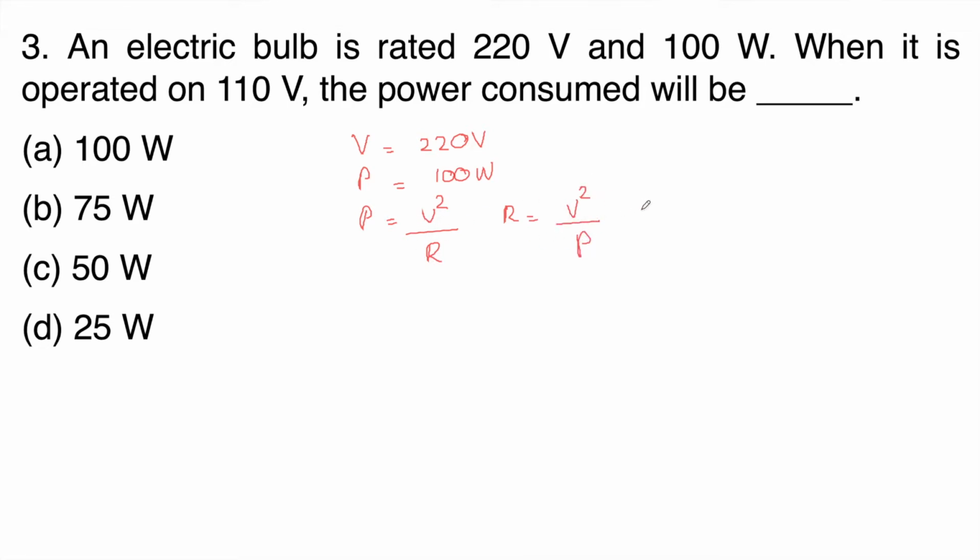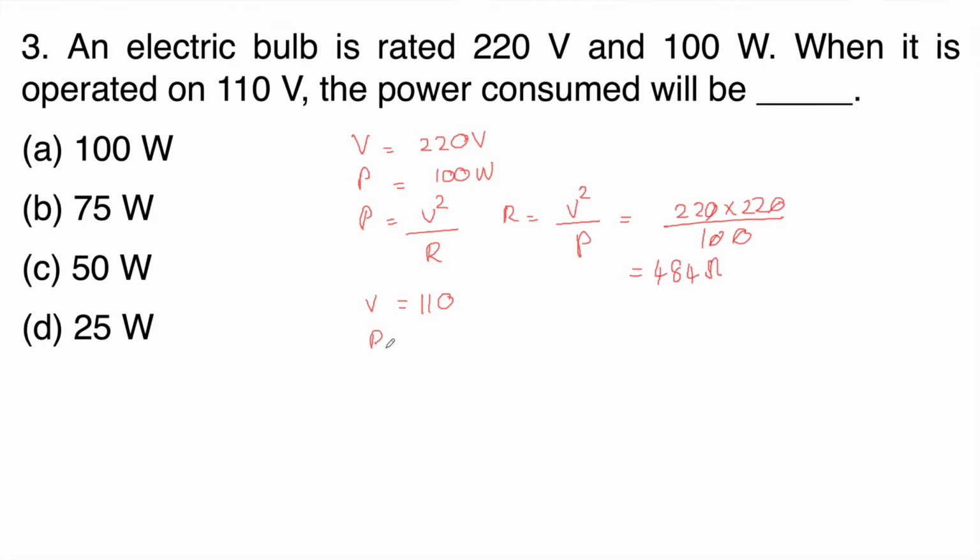So we can find the resistance here: voltage is 220 into 220 by 100. While solving this, we will get 484 ohm as the resistance. So we got the resistance of this circuit. But now it is operated on 110 volt, so the new voltage is 110.